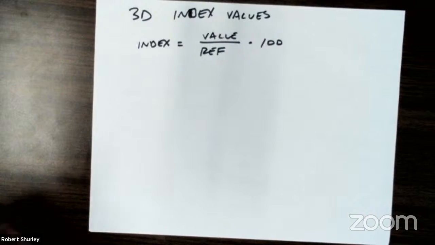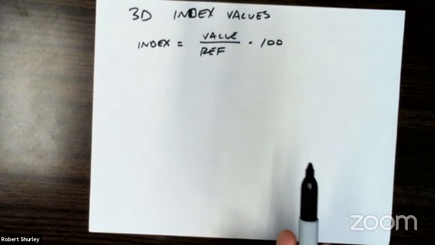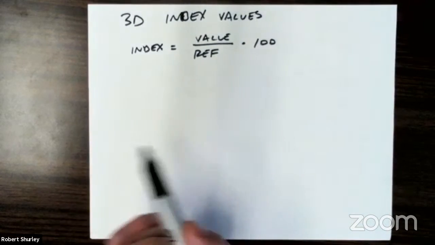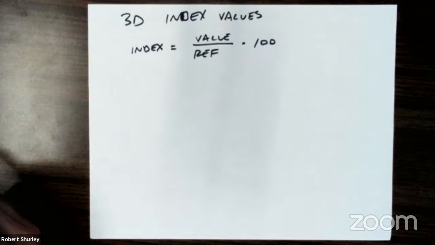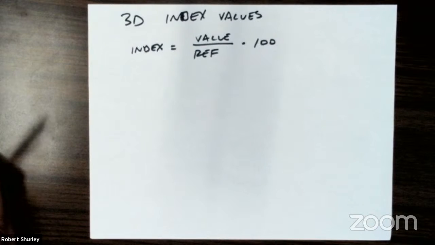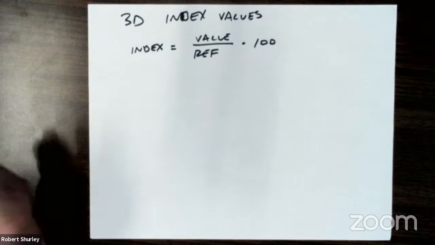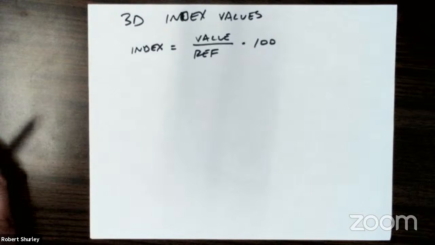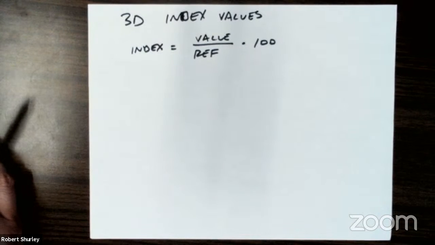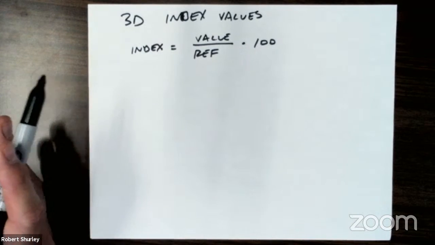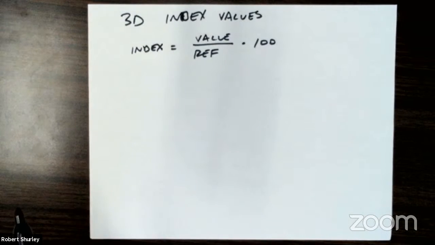So I'm going to use the book here, so you don't have to have it open, but I'm definitely going to be referring to it a lot in this section because there's nice charts in it. If we look at the bottom of page 162, there's an example of average gas prices. Then we're going to find one of these index values for the average gas price and really focus on how to interpret it.